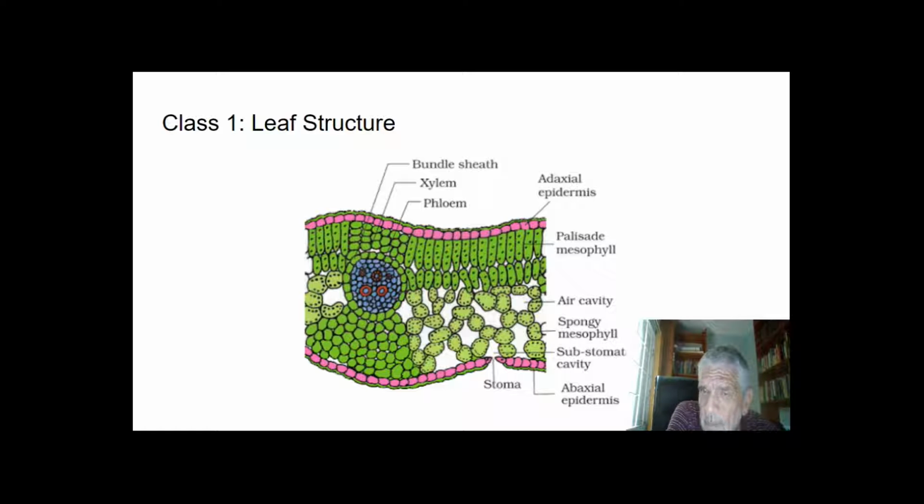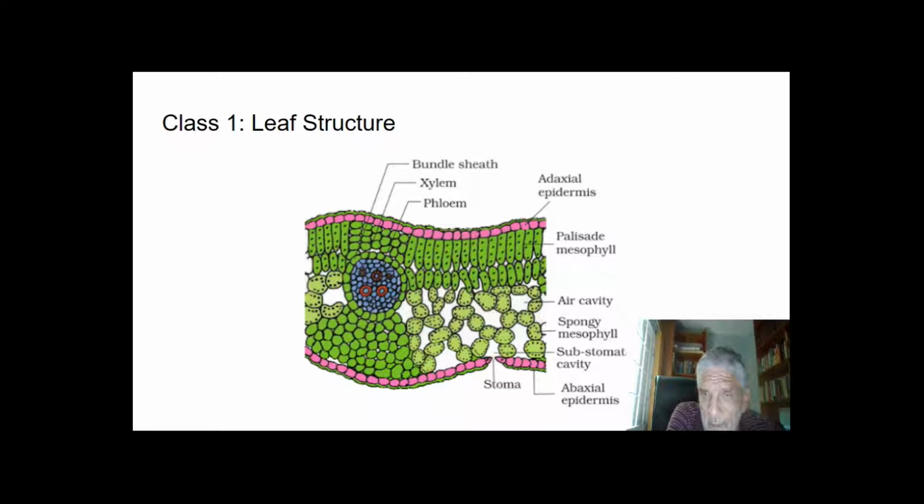And of course, mesophyll means middle leaf. Then we have the spongy mesophyll. The point about the spongy mesophyll is you have lots of air spaces, and this is for gaseous exchange.